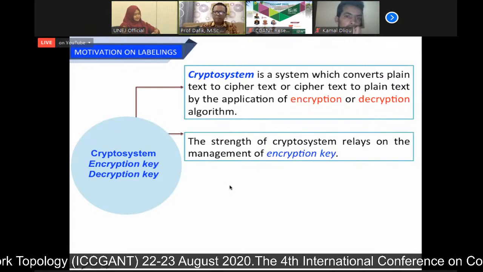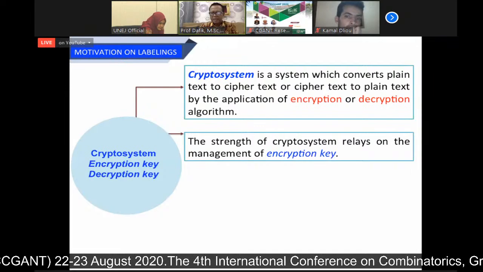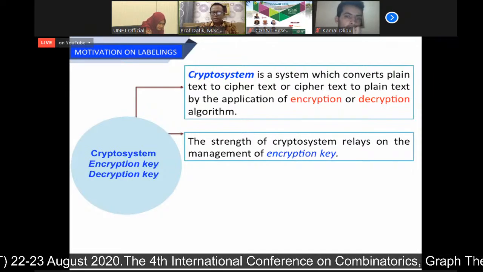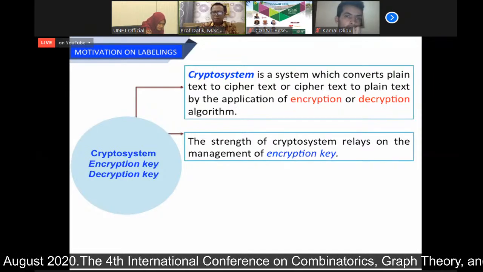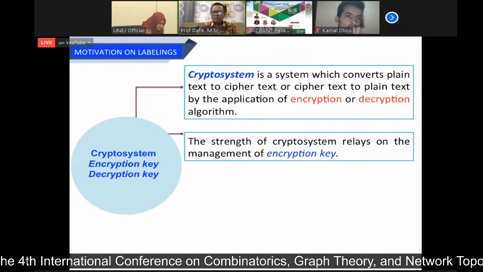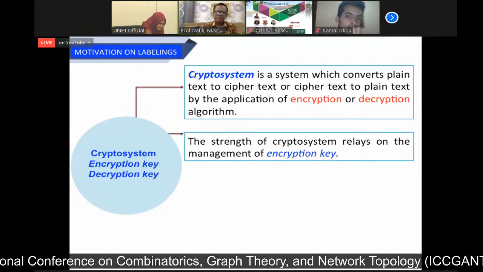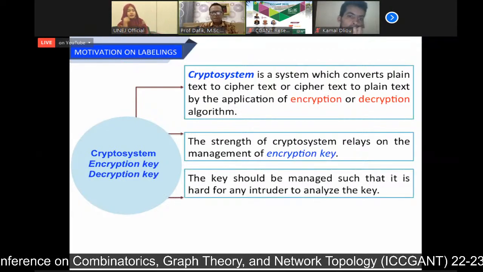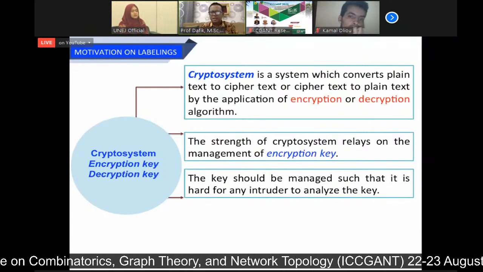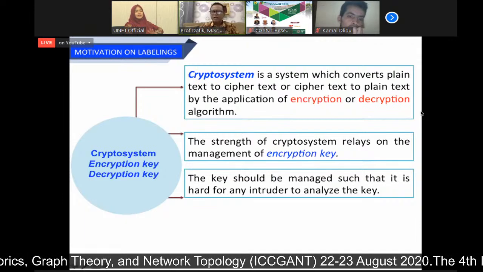And the strength of a crypto system relies on key management. So finding or obtaining the encryption key is a very important thing in a crypto system. The keys should be managed such that it is hard for any intruder to analyze the key.